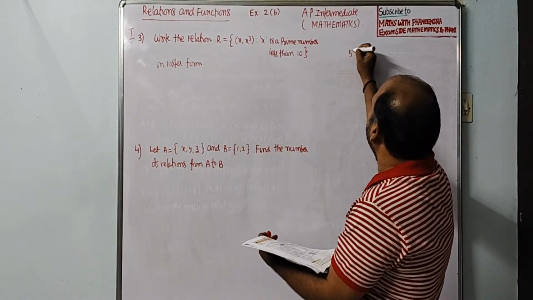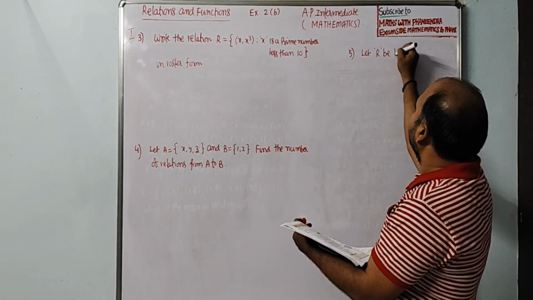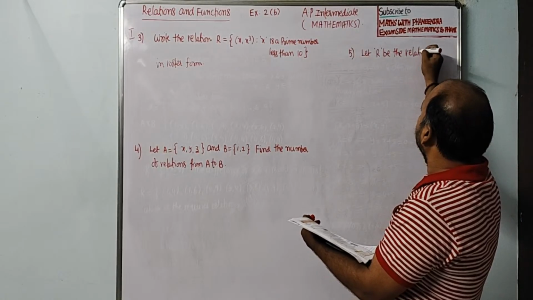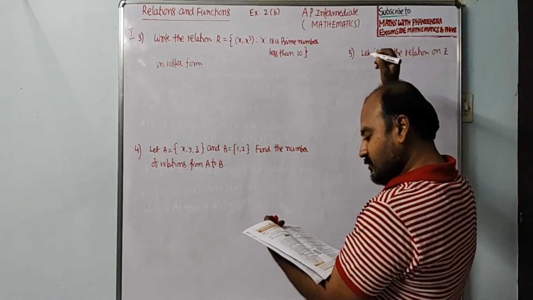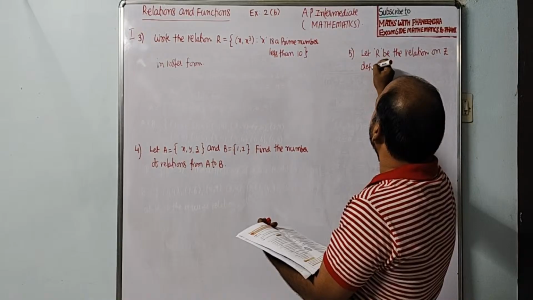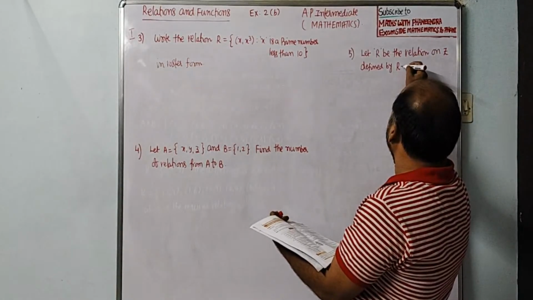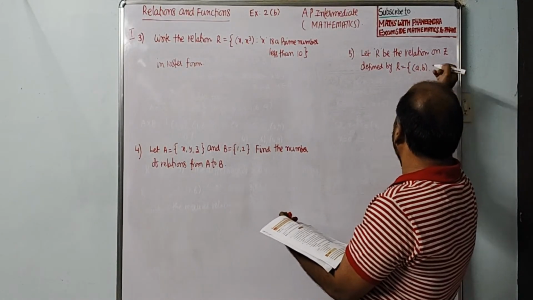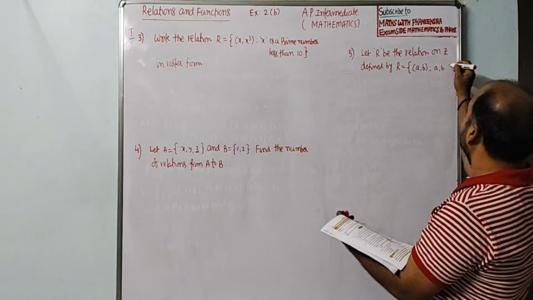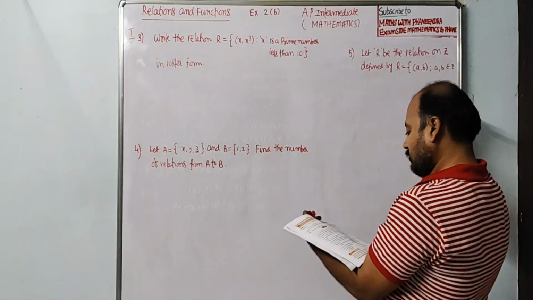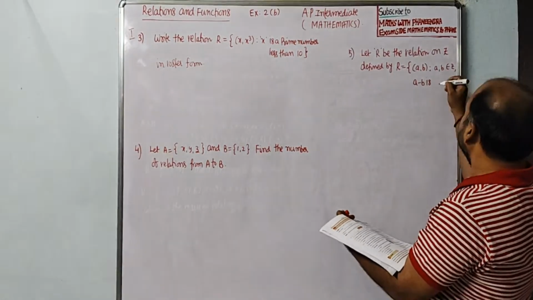Question number 5 is, let R be the relation on Z. Z means integers. Defined by R equal to {(a, b) : a, b belongs to Z, a minus b is an integer}.